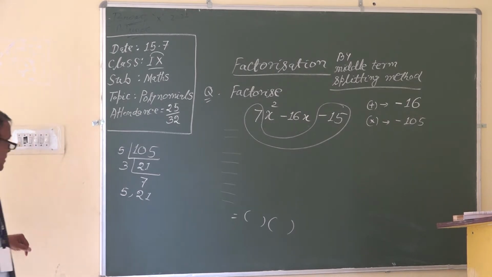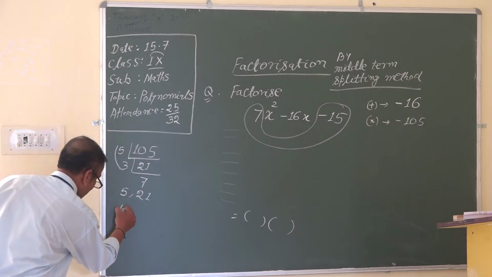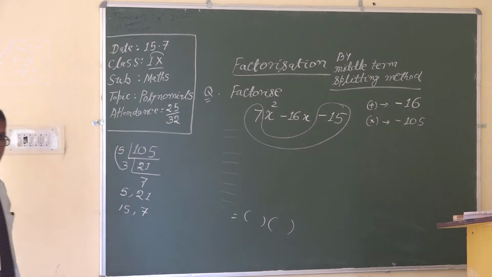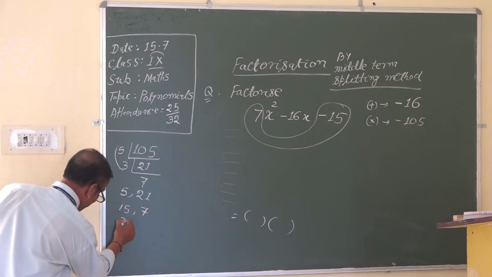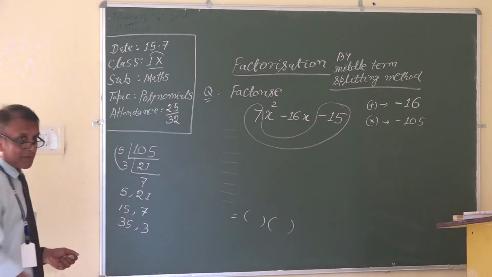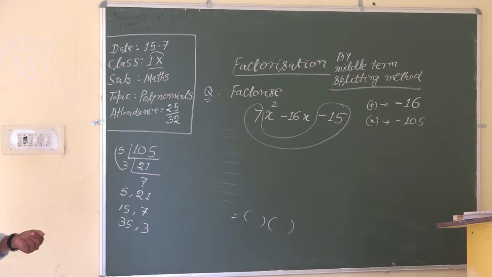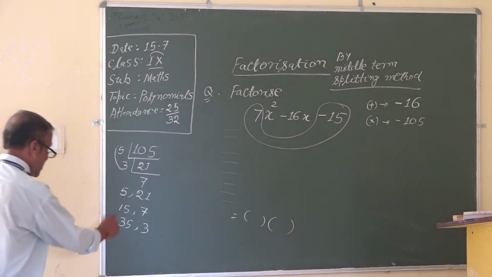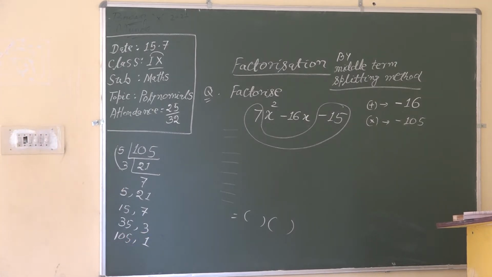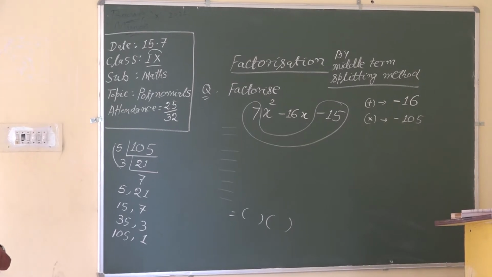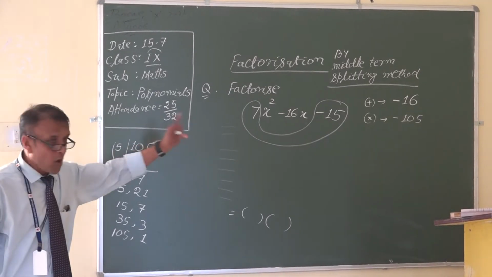15 and 7, multiplying this also gives me 105, or not? Then 7 into 5 is 35 and 3, this can also be a pair. Then 105 itself and 1, this is also a pair. So these are the 4 possible pairs whose product will give 105.